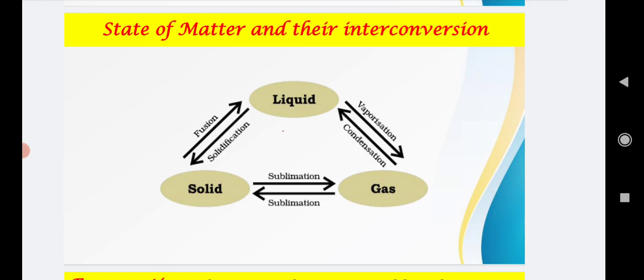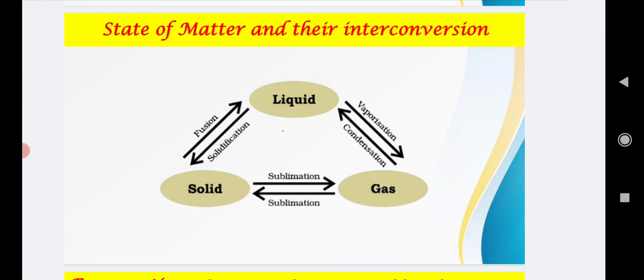So let us take an example. We have all seen ice. When it is kept outside the freezer, it gets converted to liquid. The conversion of ice into water is called fusion. The conversion of water into ice is called solidification. The conversion of water into gas is called vaporization.